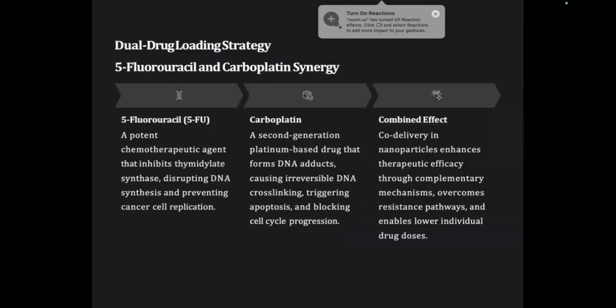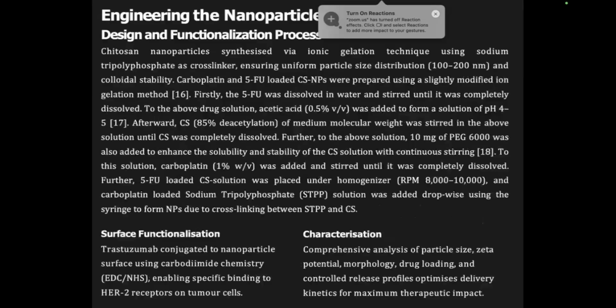Second one is carboplatin, a platinum-based drug which causes irreversible DNA cross-linking, triggering the apoptosis and blocking the cell cycle progression. So the combined effect shows synergism: 5-fluorouracil and carboplatin both show a synergistic effect in cancer cell death.